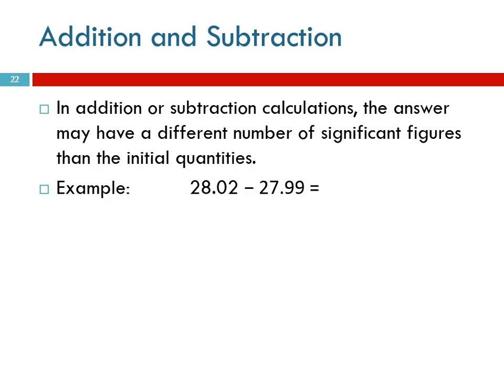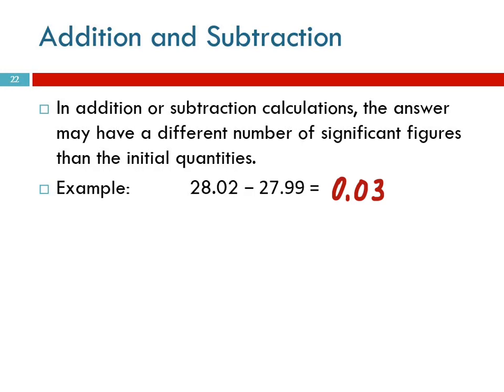When you're adding and subtracting, the answer can end up with a completely different number of significant figures than anything you started out with. So let's do this example. 28.02 minus 27.99. Calculator says 0.03. Well, is that right?